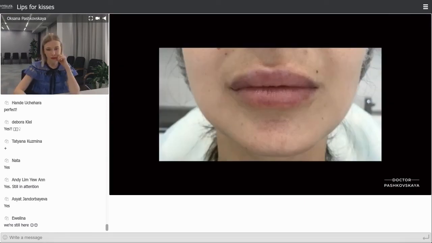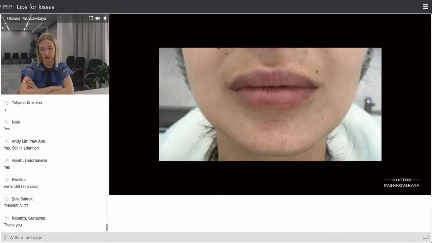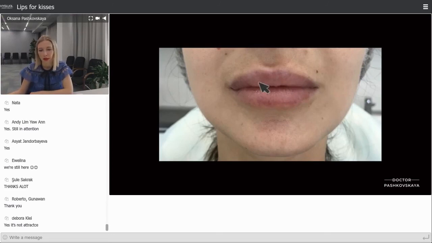And another young, pretty girl, and you see what lips she has. She was also injected a few years ago, a really large amount of filler, but look at the closure line. It has waviness, so I suppose it's also fibrosis.